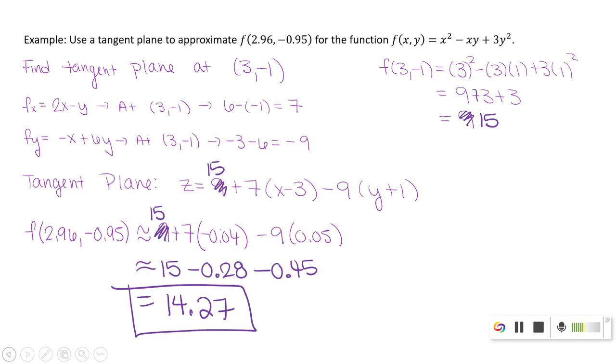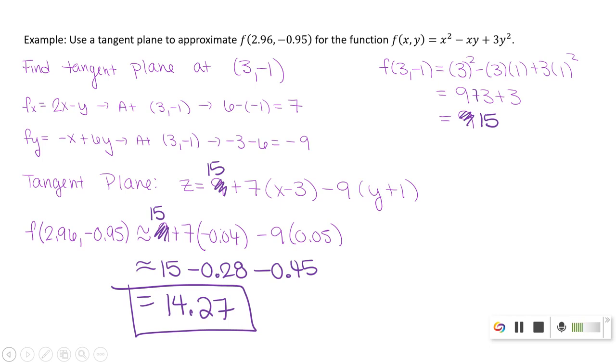Oh, let me go back. There we go. There's my corrections. So I took the 2.96, I plugged that in for x. I took -0.95, plugged that into y, into my tangent plane. And when I did the arithmetic, I ended up getting 14.27.